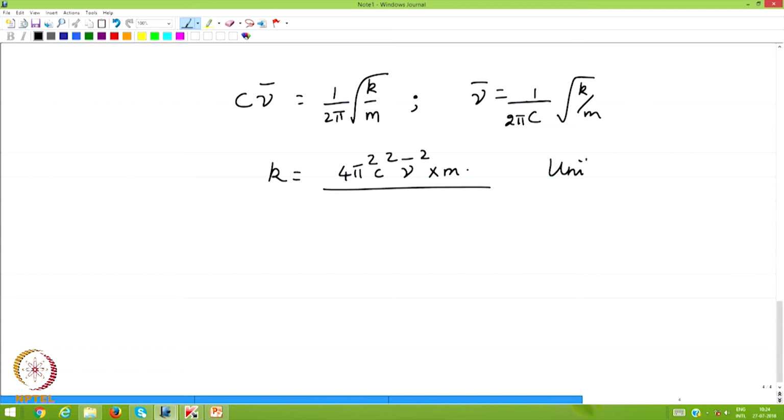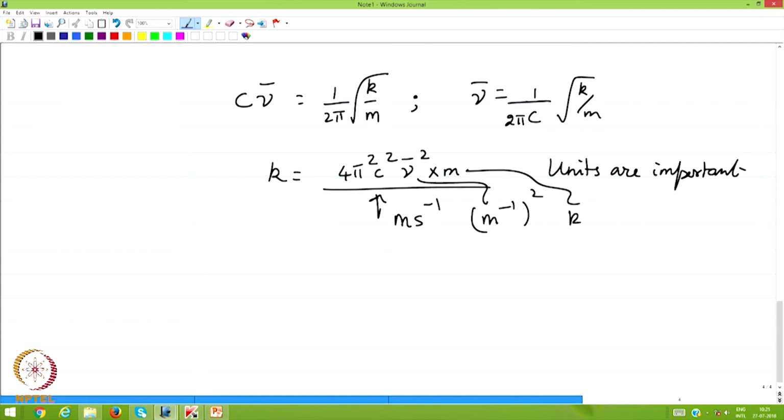Units are important. c is in meters per second, nu bar is in meter inverse, and m is in kilograms. These are the only things that you need to do. Therefore, let me just put the numbers in and leave it to you to get the answer.